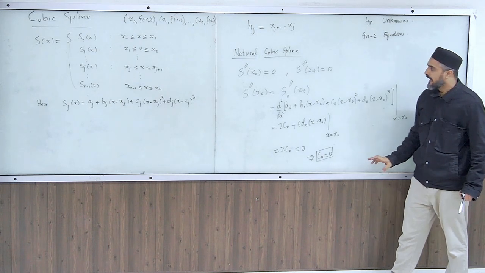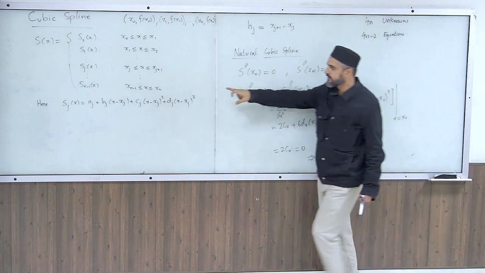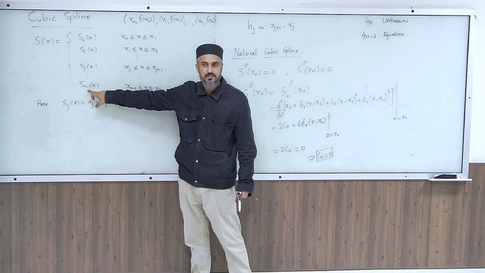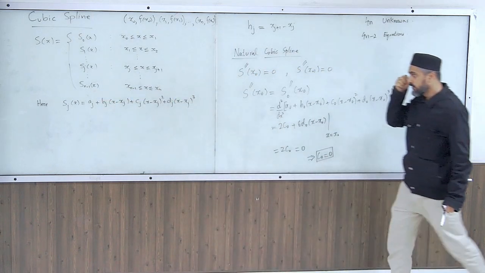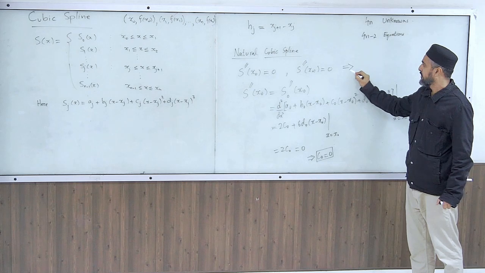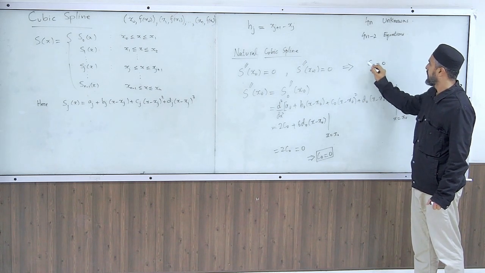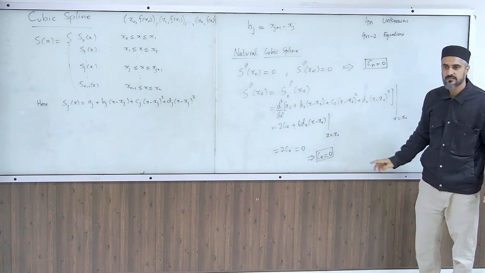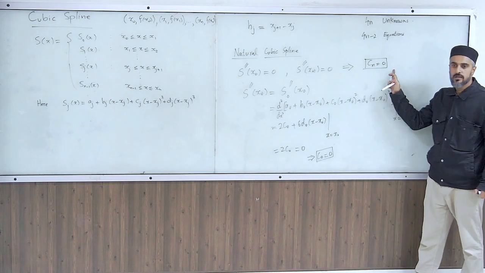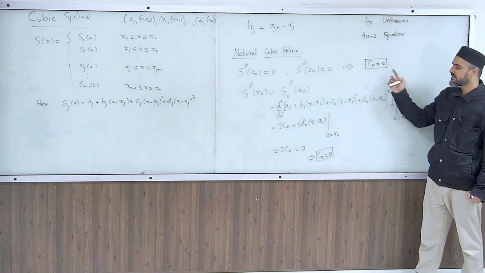Now, using the other condition, xn belongs to which interval? This interval, and the corresponding value of S is this particular one. If you write that and use that value, you'll get cn equals 0. This is the conclusion. Please do that. So cn will equal 0, just as c0 came out as 0.